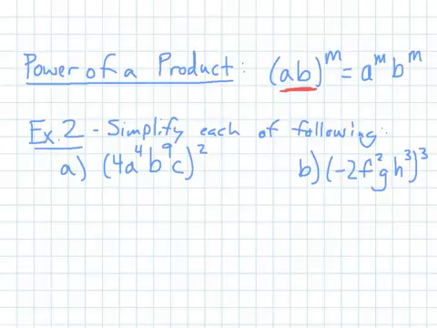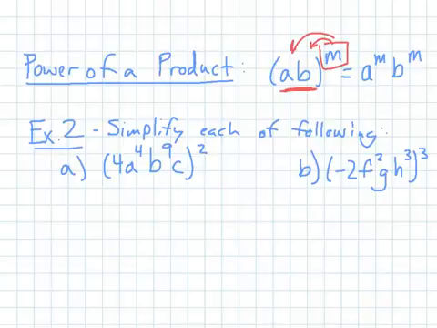All those things just need to be multiplied to one another for this to be a property. So if I have 2 things or more multiplied to each other inside a parentheses, that is to a power, then each one of those terms inside the parentheses gets a power. So it's like this m gets distributed to each of the stuff inside. So they each get an n.